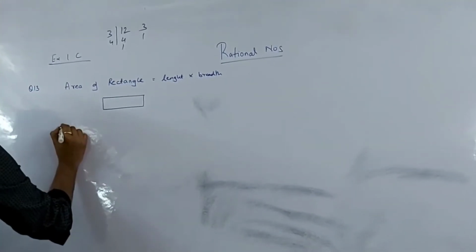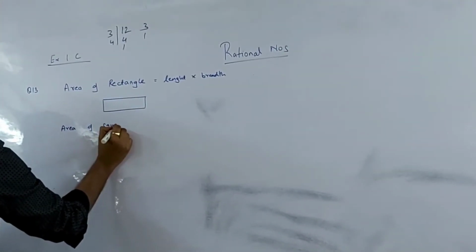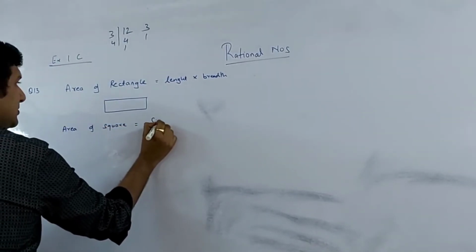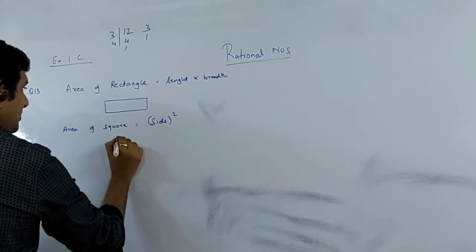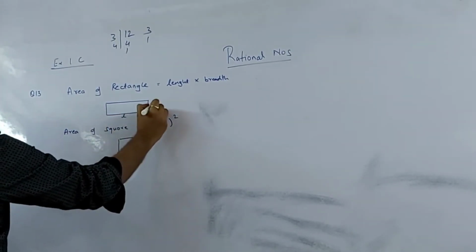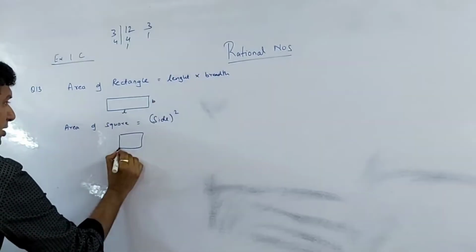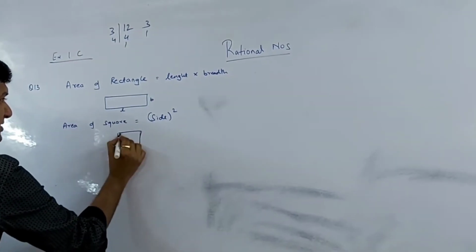And similarly, the area of a square is side square. So here, remember students, this is your length, this is your breadth, length into breadth. So that's the area.